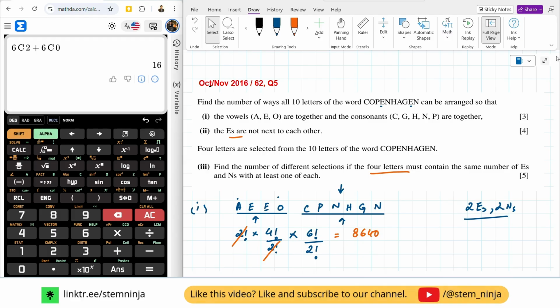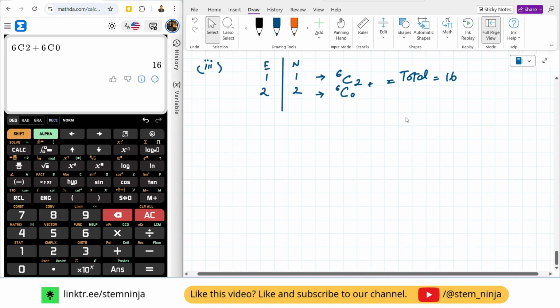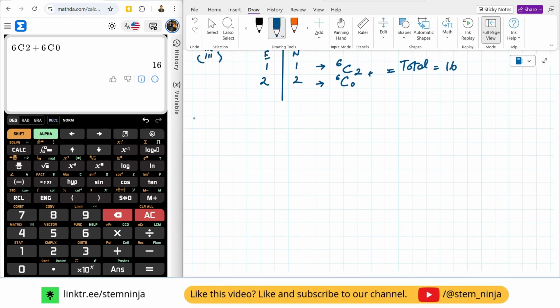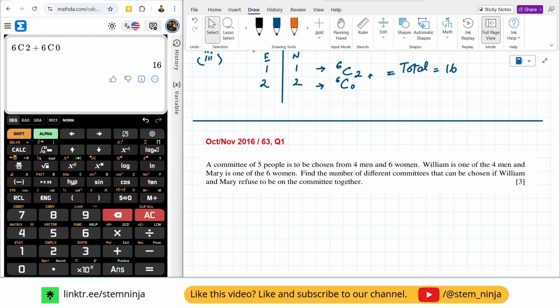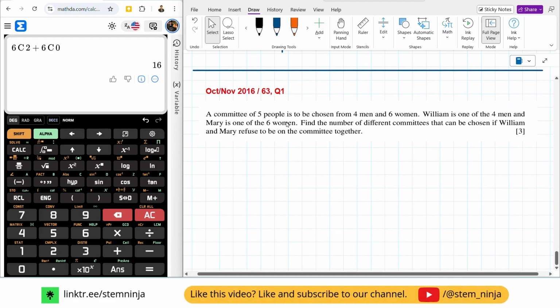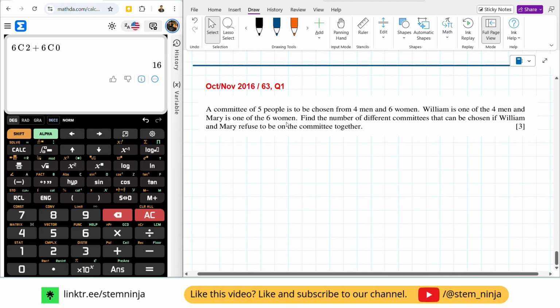All right, now let's look at the 6-3 variant question. Okay, so let's see this. There are actually 2 questions in this variant, so we'll see them one by one. So a committee of 5 people is chosen from 4 men and 6 women.